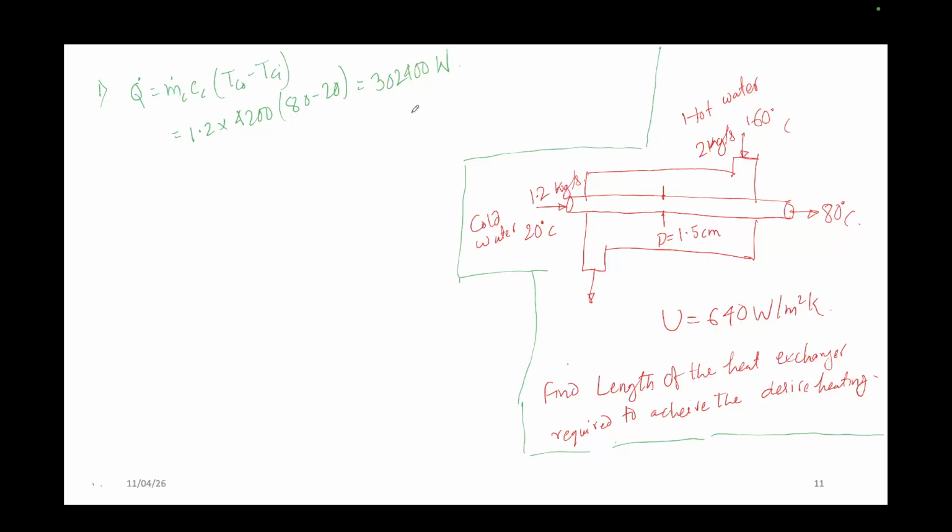Okay. Now the main thing is that to find out the length you require area. Area you get from this formula Q equal to U A LMTD, right? So you require LMTD. LMTD comes if I know the port temperatures. But the port temperature is not known. How do you find out this port temperature?